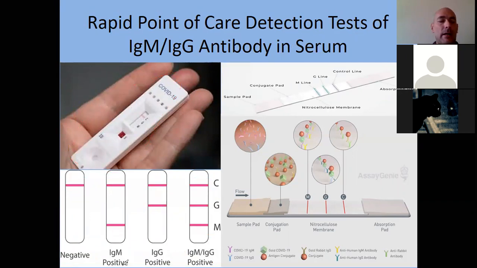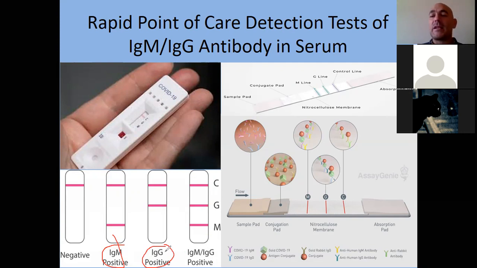Now, why IgM, and why IgG, okay? During a viral infection, your body will produce 2 types of antibodies. The first one is the IgM, and the second one is IgG.